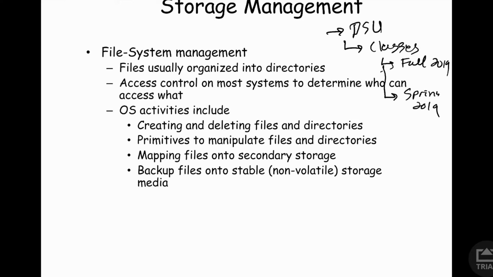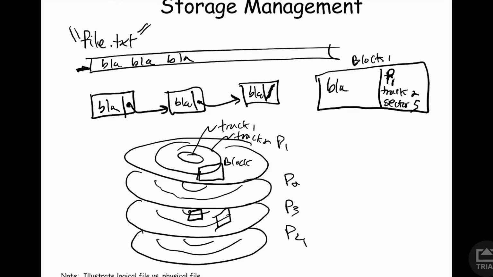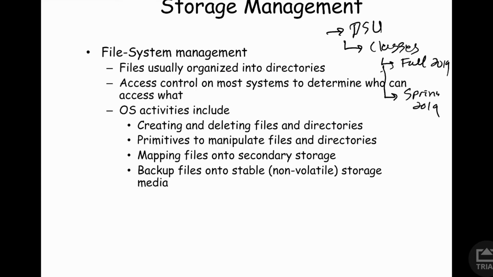The ability to map files onto secondary storage. The mapping is exactly this layout that I described. So the operating system decides where, which platters, sectors, and tracks, these pieces of the file, where they'll go. It manages all of that and fills in this detailed information for the pointers, and you don't have to care about that or deal with that.